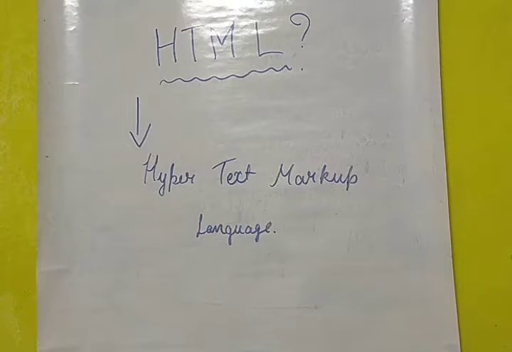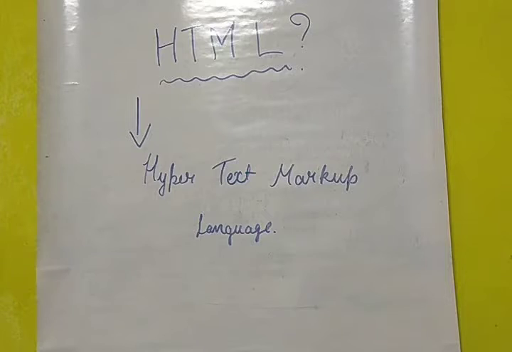Then in HTML there are many other technologies being used, like I told you about cascading style sheets, and some other languages also like JavaScript etc. This you may not study, but cascading style sheets we will study in detail.